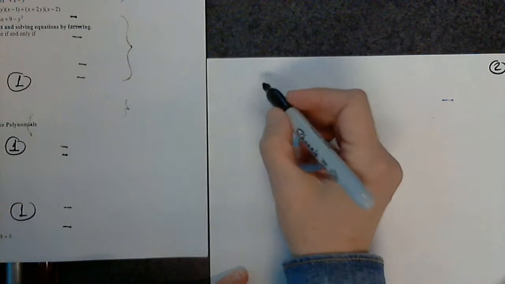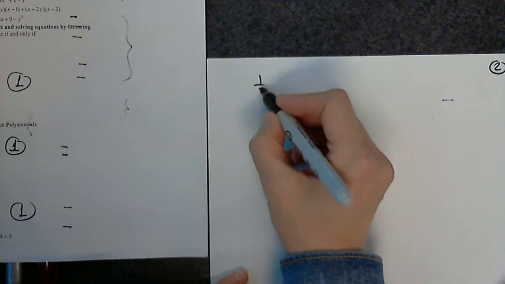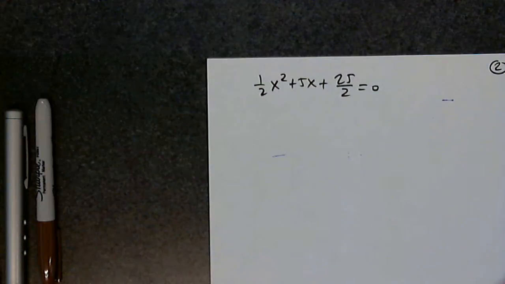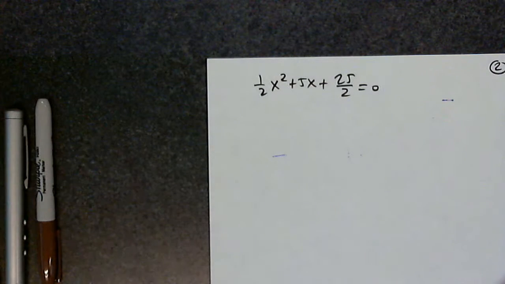So, that is 1/2 x squared plus 5x plus 25 halves equals 0. Never ever be afraid of equations with fractions. Why? Can anyone say why? We should never be afraid.